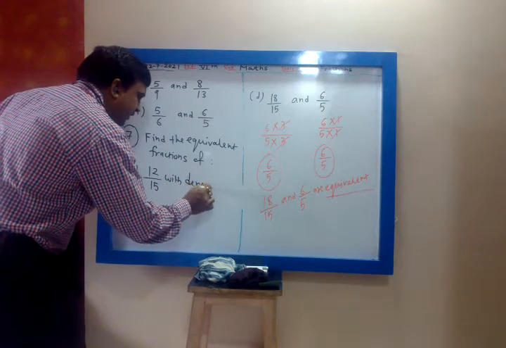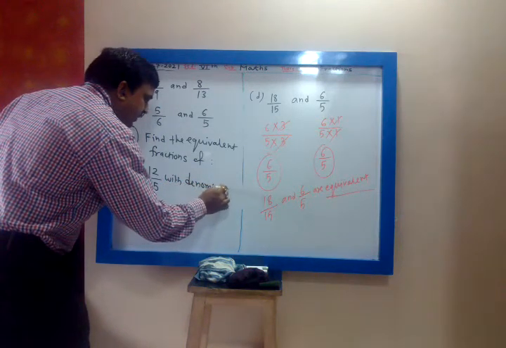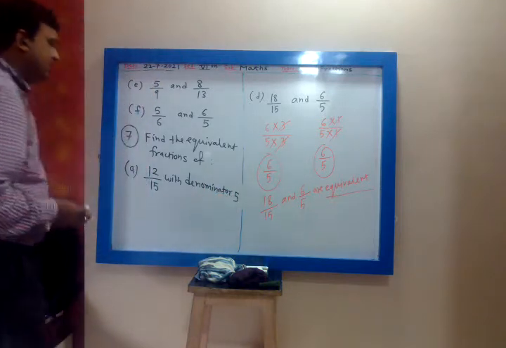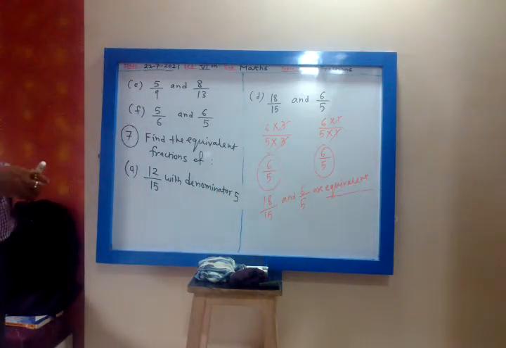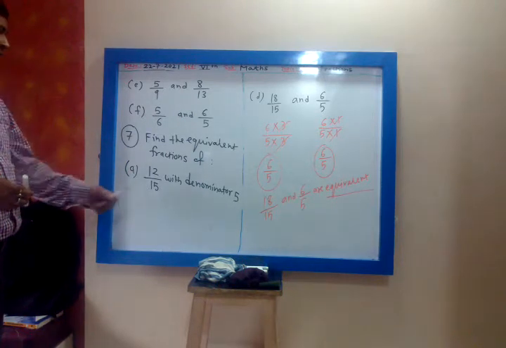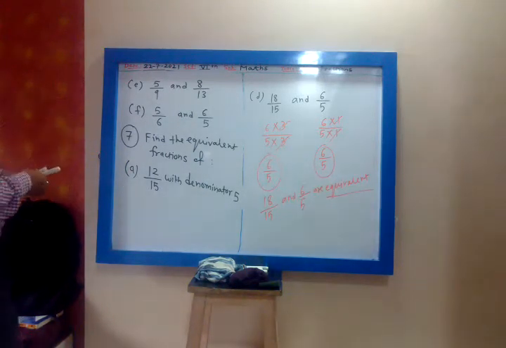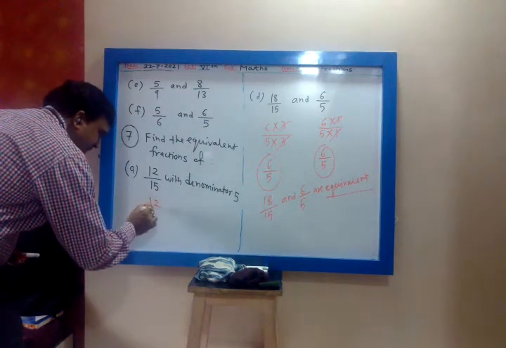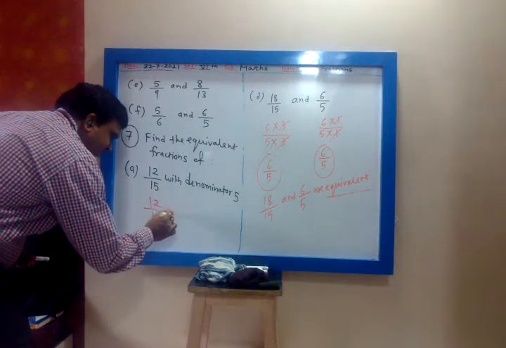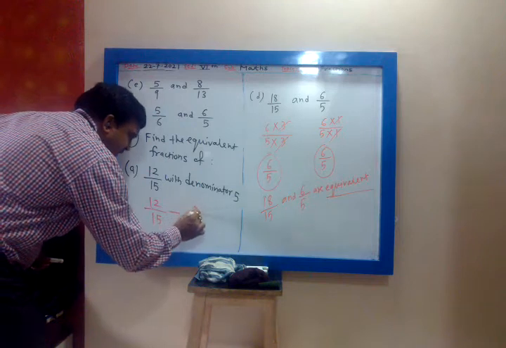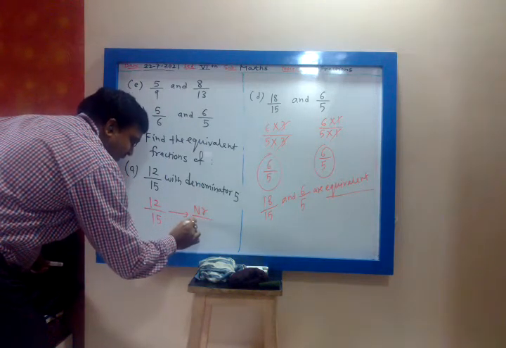So 12 upon 15 is given. You have to write down the equivalent fraction. That 15 you have to convert into 5. This fraction you have to write as another fraction whose denominator is 5.